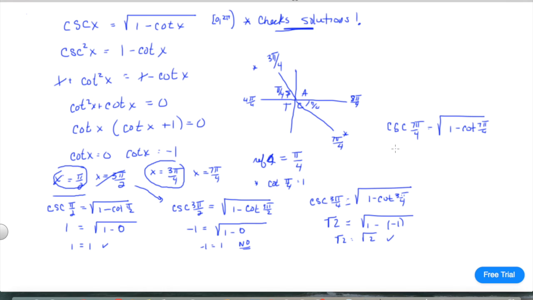So again, that would be negative square root of 2 is equal to, so cotangent is also negative in quadrant 4. So this would be 1 minus a negative 1. So negative square root of 2 is equal to positive square root of 2. So again, this one is a no. And I would throw out 7 pi over 4.